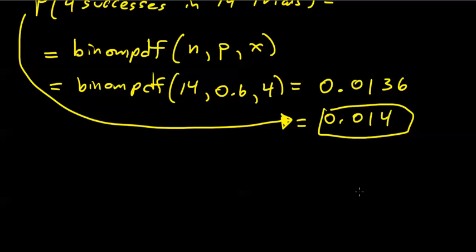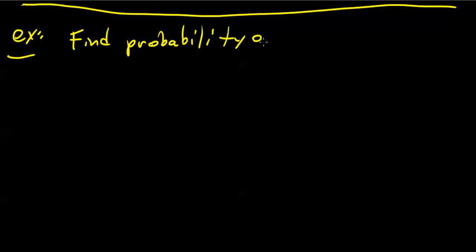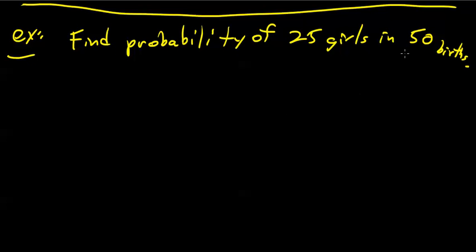Alright, let me ask a question. You might see something like this on a test example. And this is my own home-brewed example. I'll say find the probability of 25 girls in 50 births. Can you imagine writing out the sample space for 50 possible births?